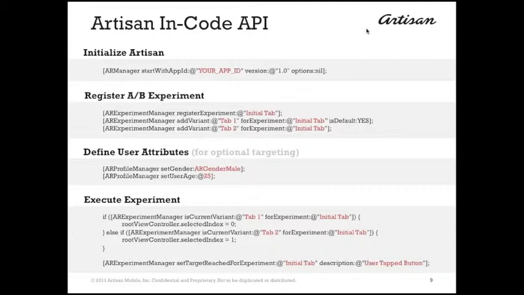So what we're looking at right now is the syntax for how you'd interact with the Artisan SDK to create your own experiments that can interact with your business logic or change the workflow of your application. At the top is how we initialize Artisan.